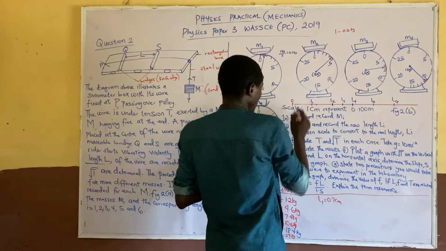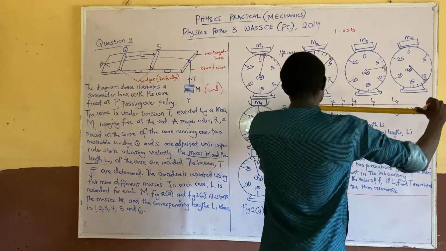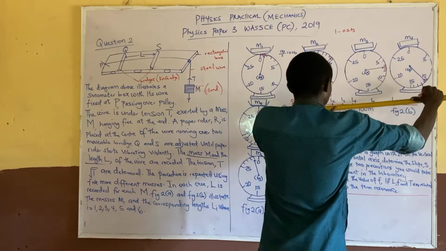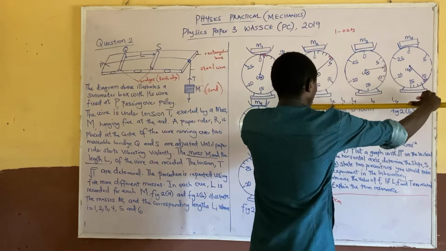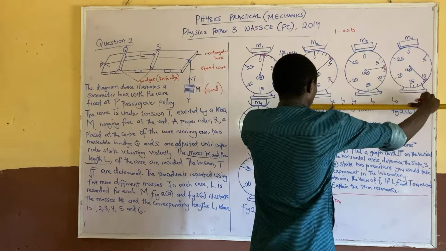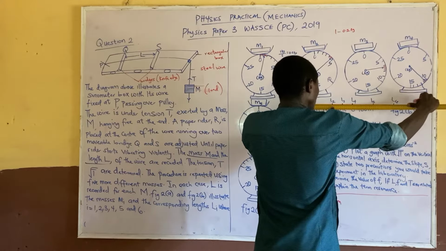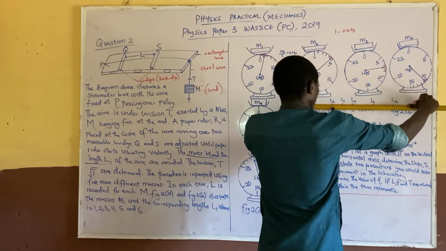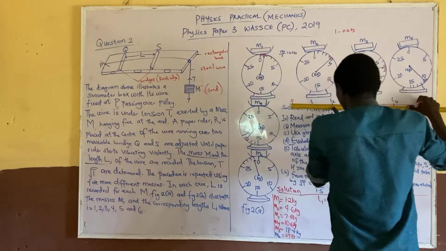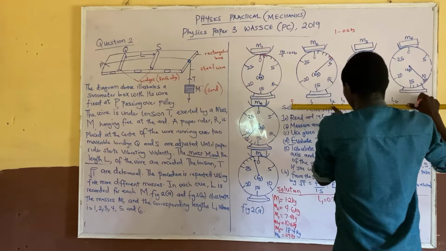When you do that, you also measure L2 from this 0 end here to this place. When you measure it, ensure that you have no parallel error. You look at it straight, not from a side view.